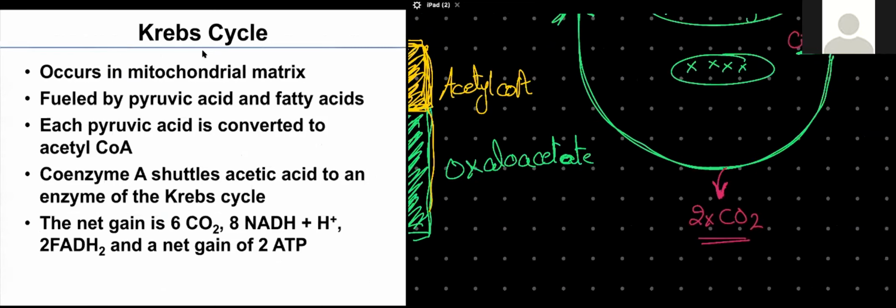So we're going to be releasing 4 from this cascade of reactions. 3 are going to be carried on NAD. This will become NADH. And 1 will be carried on a different type of hydrogen carrier called FAD. So it becomes FADH.